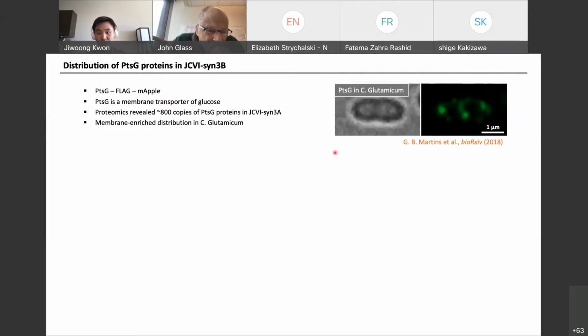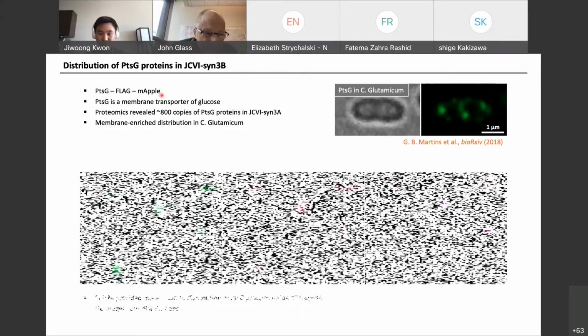In other organisms, the PtsG proteins are mainly located on the cellular membrane, as expected from its role. To visualize the PtsG proteins, we used a JCVI-syn3B strain expressing PtsG labeled by the FLAG epitope as well as the mApple fluorescent protein.